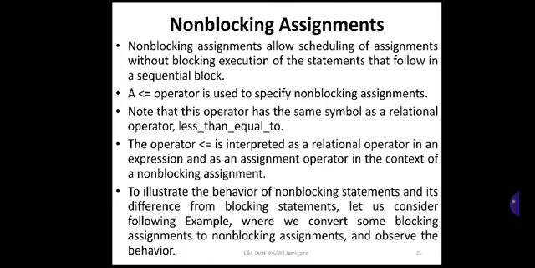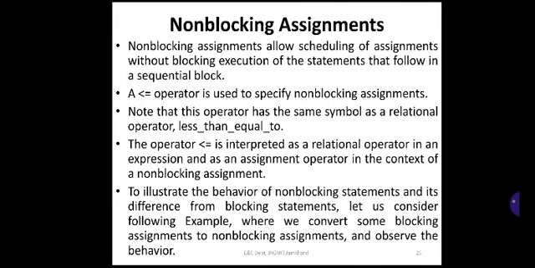So non-blocking assignments allow the scheduling of assignments without blocking the execution of the statements that follow in a sequential block. Whatever we discussed in the previous class were the blocking statements, which block the statements within a sequential block.